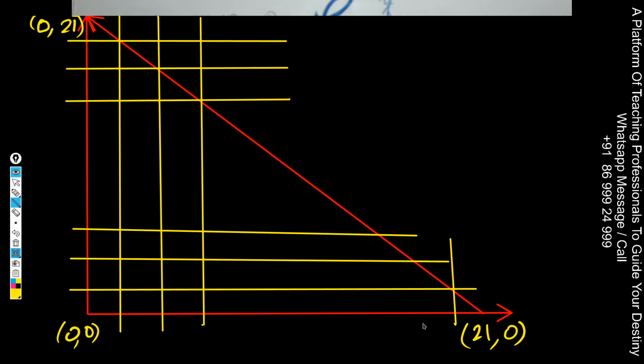This is x is equal to 19. This is x is equal to 18. Okay. Now, I'll write some points, then you will better understand it.